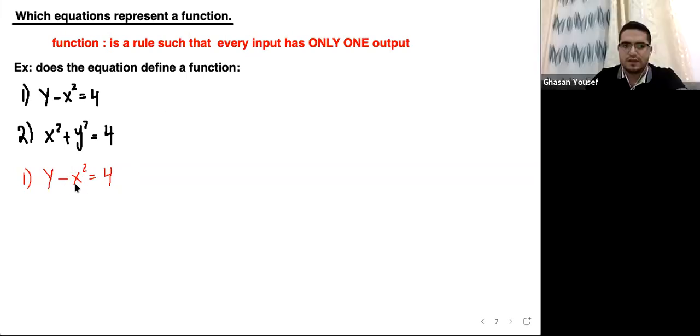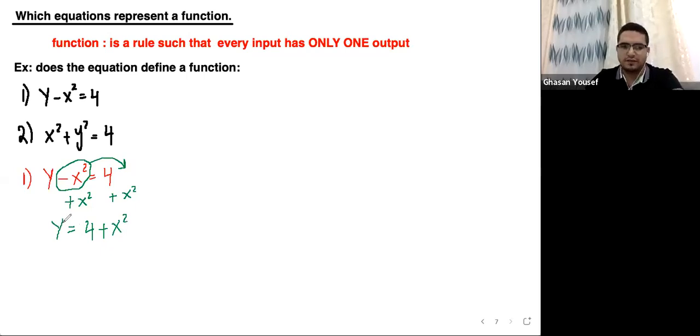Yes, exactly. We have to move the x squared to this side, so we add x squared on both sides. Then I'm going to get y equals 4 plus x squared.